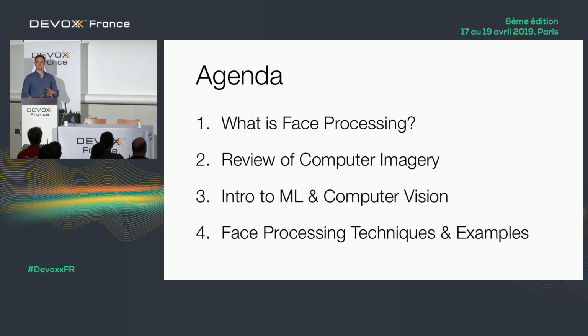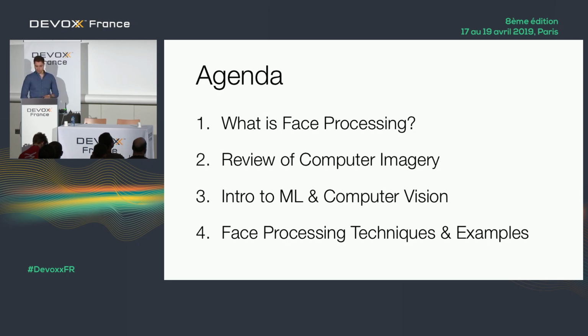Second, I'm going to cover some of the principles of computer imagery and computer vision that can help us motivate why face processing is challenging and why some of the techniques we use are used in this context. Third, I'm going to focus on machine learning and computer vision principles that people are using to tackle the tasks in face processing. And finally, I'm going to focus on two examples on how we can quickly leverage the things we learned today to come up with interesting prototypes of things we can do here.